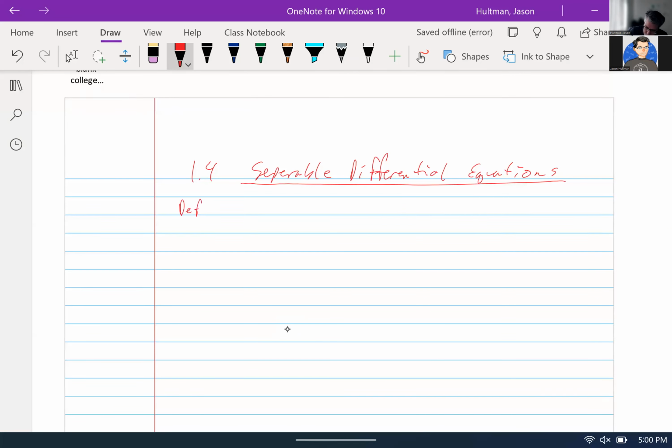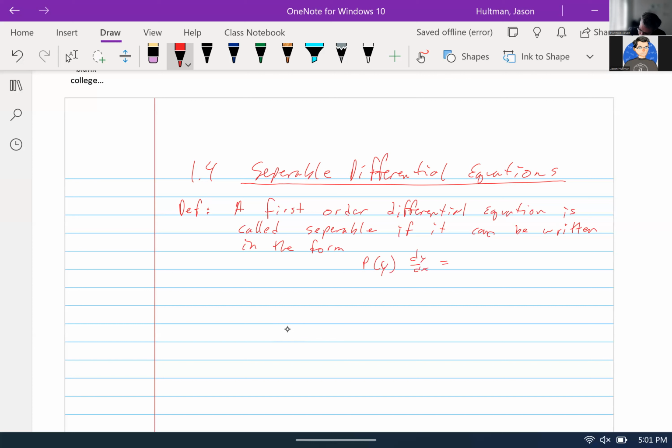By definition, a first order differential equation is called separable if it can be written in the form P of y dy dx is equal to q of x.